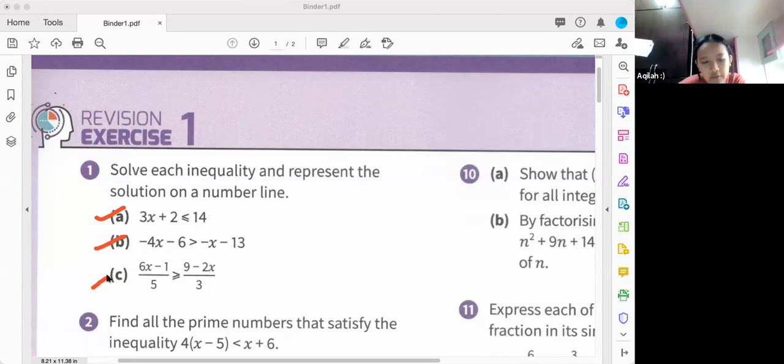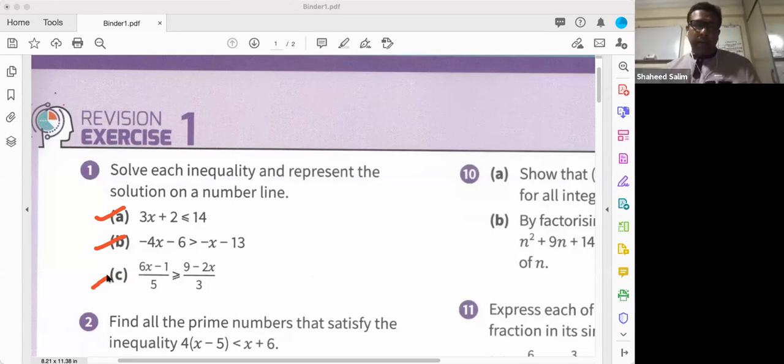X is for A, X is equal to or less than 4. Okay, great. All right. Can you try the next one, B? Then we'll go to more difficult sums shortly. Okay, we start with this warm up.